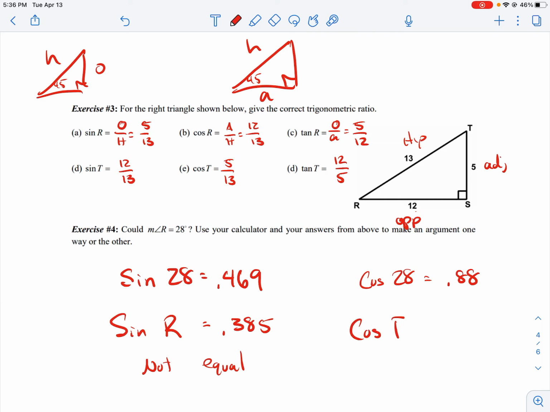So the cosine of r is equal to 12 over 13. So 12 divided by 13 is 0.923. So therefore, not equal. Because these ratios are not the same, 28 cannot be the measure of angle r.